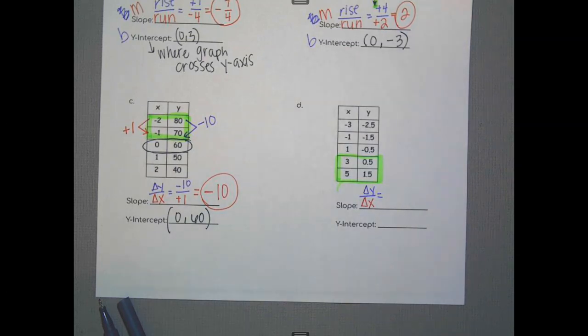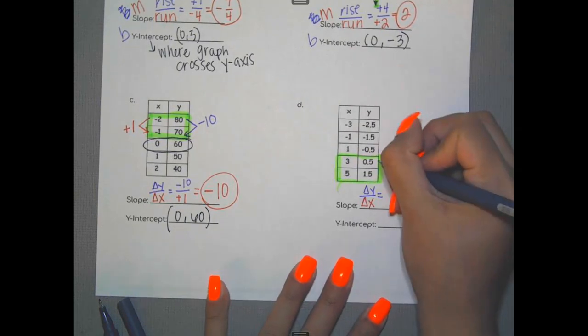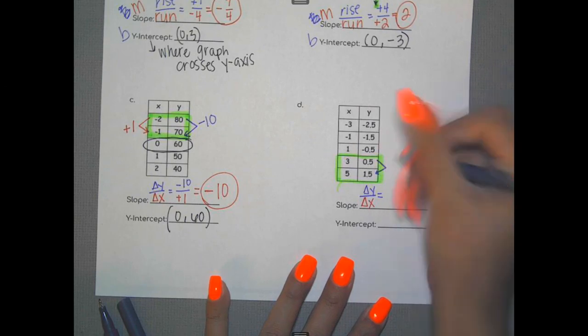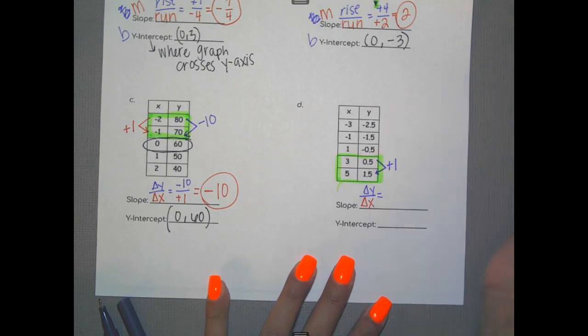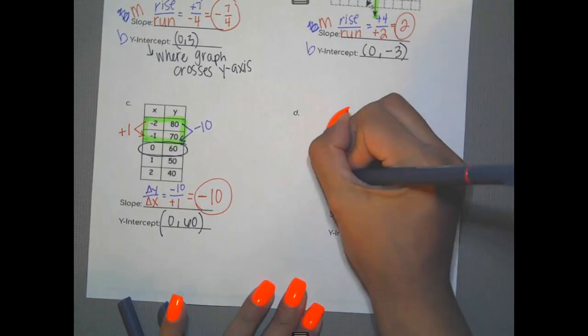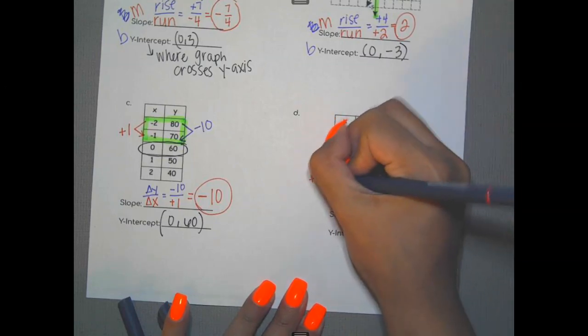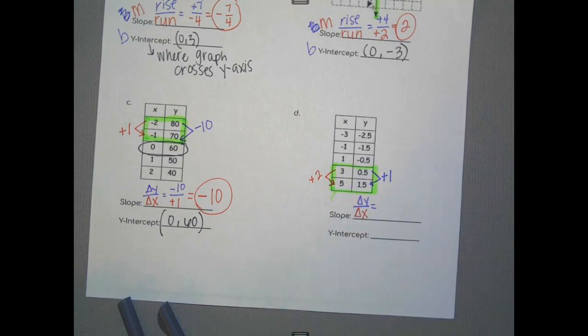Okay, so change in y, here's my y's. To go from 0.5 to 1.5, I added 1. And then when I look at my x's, to go from 3 to 5, 3 plus 2 gives me 5.